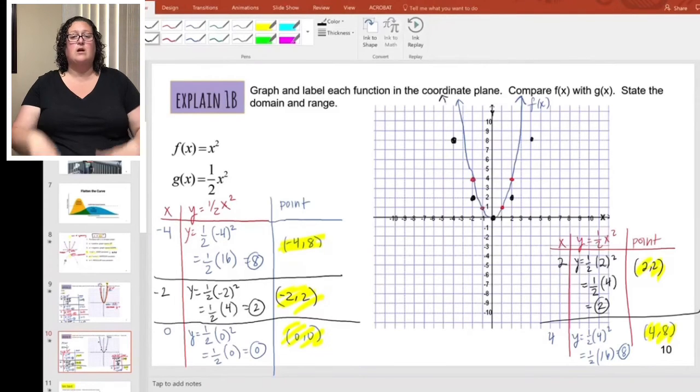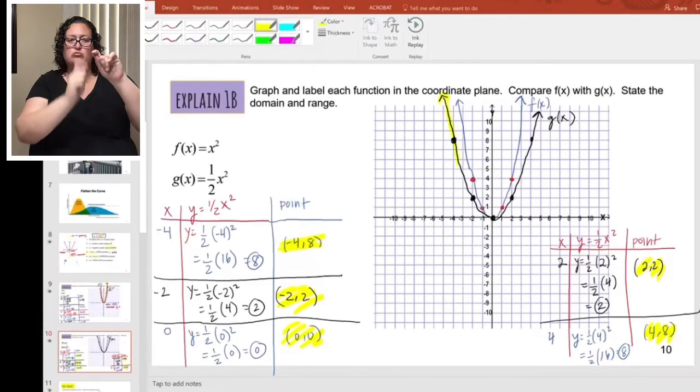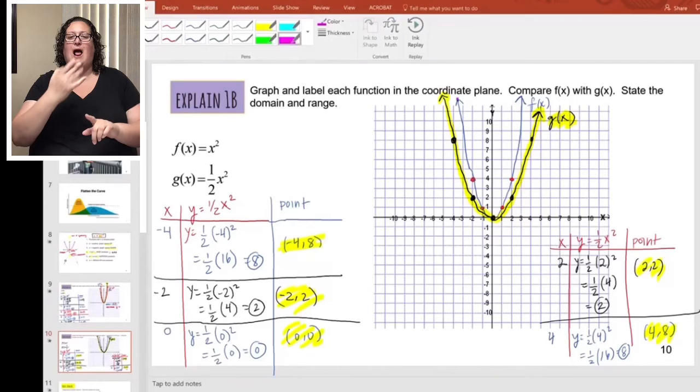Draw the curve. Highlight the graph. I'm also going to highlight f of x.